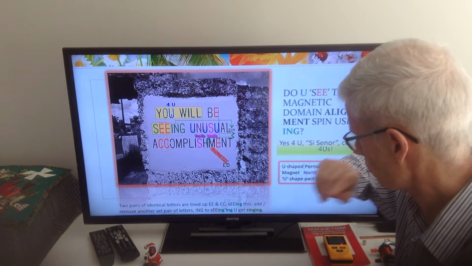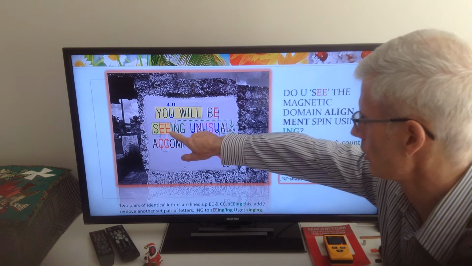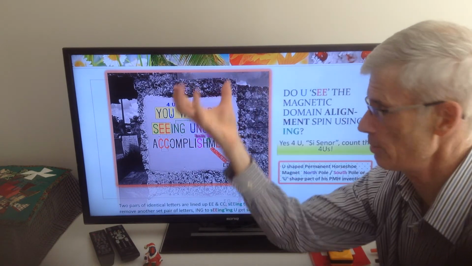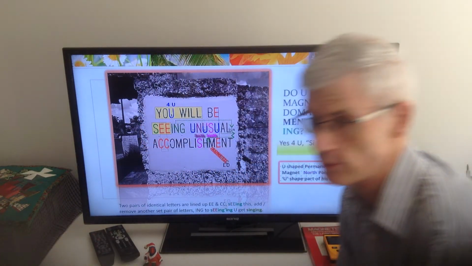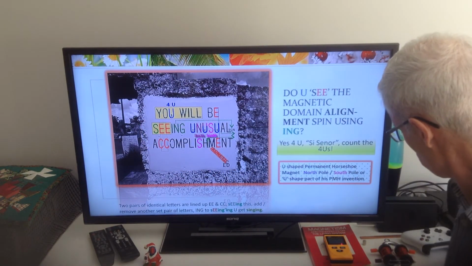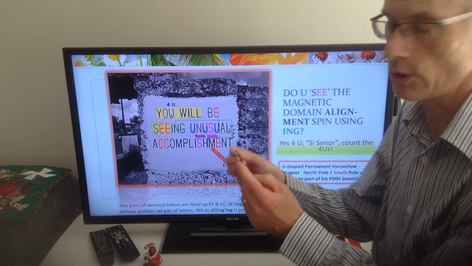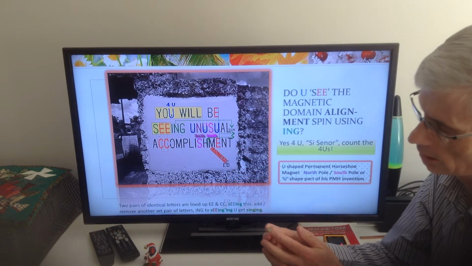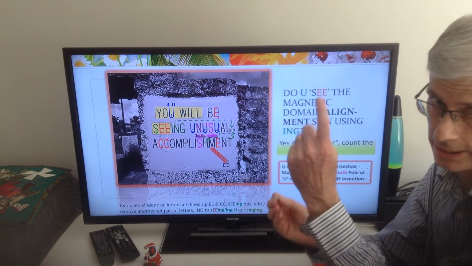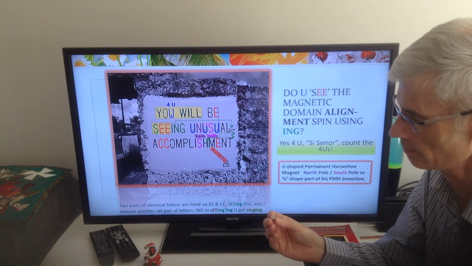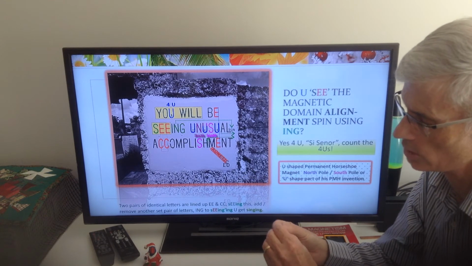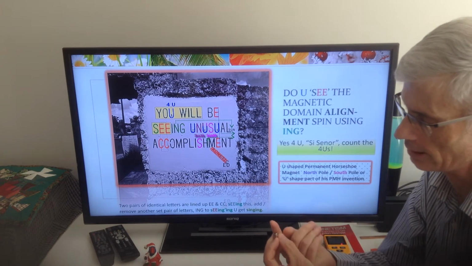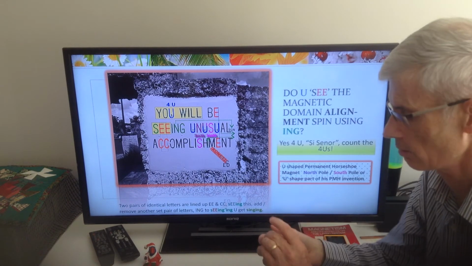Right, so the other thing you can do with the ING is flip it around, because magnetics involve spin. If you take a normal magnet, you'll find that at one end of the pole you're going to get a left-hand flux spin, and the other one will be an anti-clockwise spin.